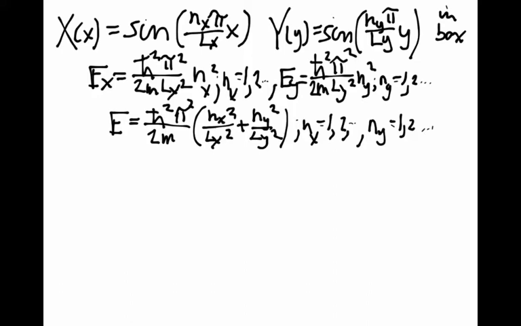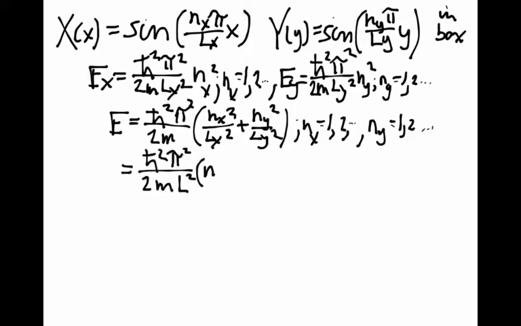And so both the y and the x functions have to go to 0 for any values. And so you have to have that curvature in both dimensions for this thing to work. So both quantum numbers go from 1 to infinity, but they vary independently. One of them can be 1, one of them can be 87. There can be 2 and 40. It doesn't matter. They're all possibilities here.